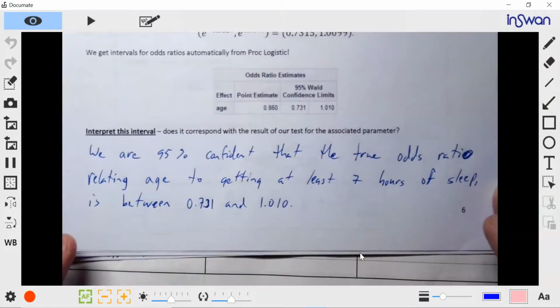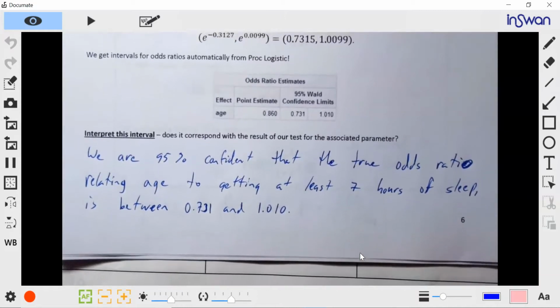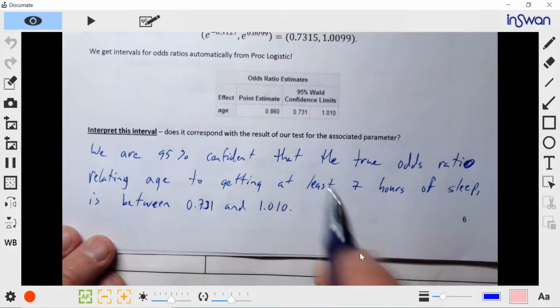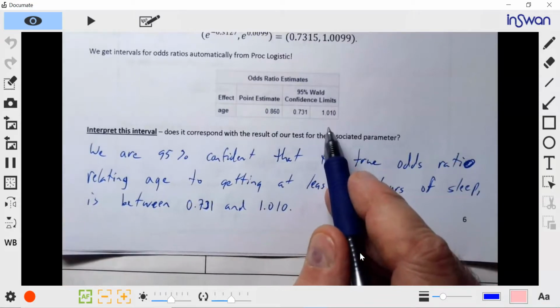So we're 95% confident that the true odds ratio relating age to getting at least 7 hours of sleep is between 0.731 and 1.010.